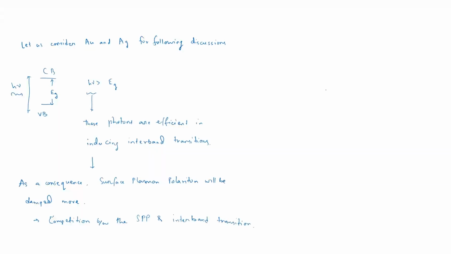What is happening is that, suppose this is a metal, and the metal has this interband transition. When the surface plasmon polariton is excited, there are electrons here, and assume the ion core is made of this metal chunk.